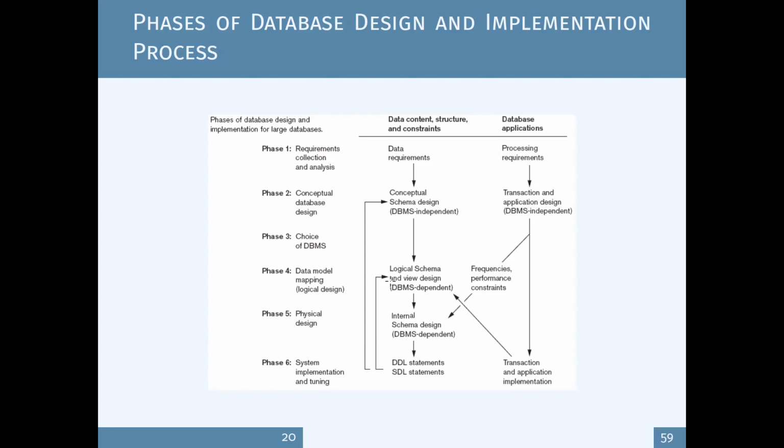Two things run in parallel in each of these phases. In phase 1, requirement collection and analysis, there is a data requirement. Then there is a processing requirement, which is on the database applications you develop.